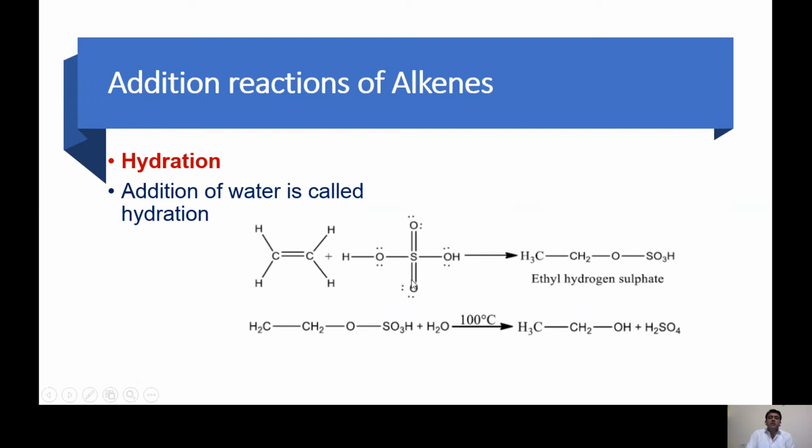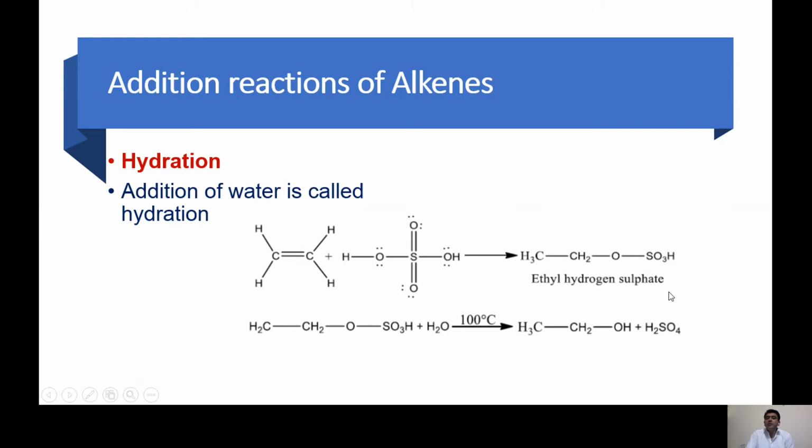But this addition of water is not simple, it takes place in the presence of some acid, for example H2SO4. So first the alkene combines with H2SO4, so H goes to one carbon and the remaining part goes to the second carbon. The double bond changes to a single bond, so it converts into CH3CH2OSO3H. That is called ethyl hydrogen sulfate.